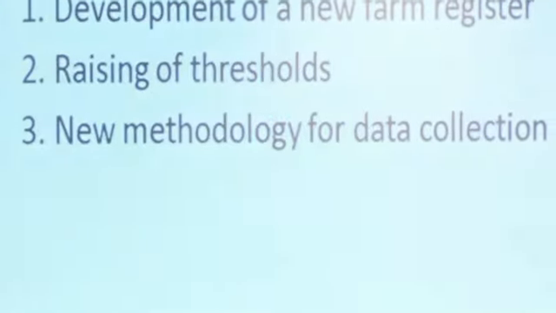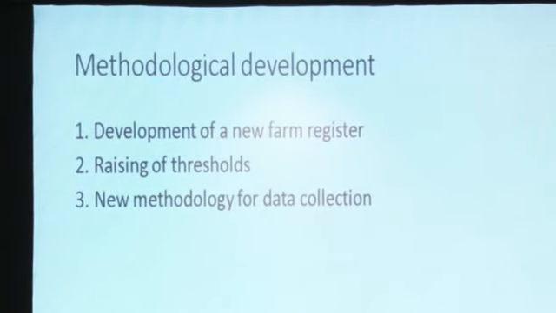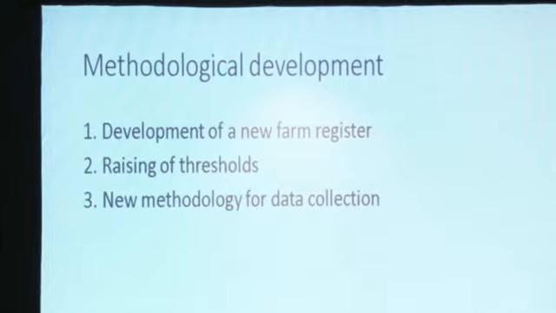From this introduction, you can guess what one part of the modernization can be in Hungary. This is the raising of the thresholds. Another part of the methodological development is the development of a new farm register. And the third part is a new methodology for data collection.